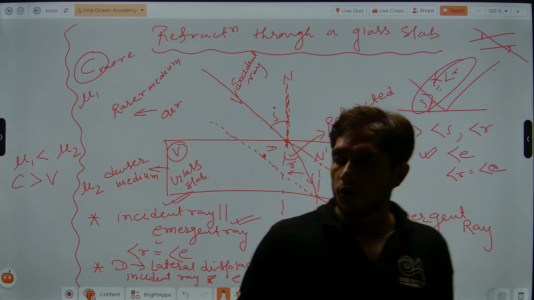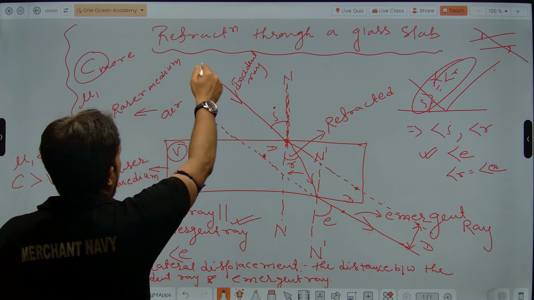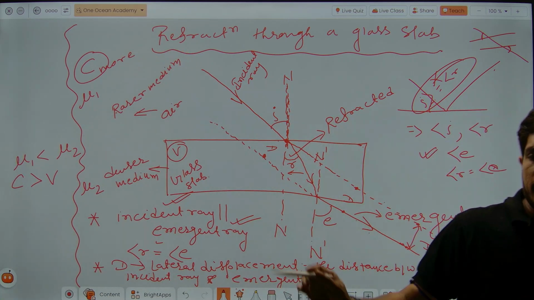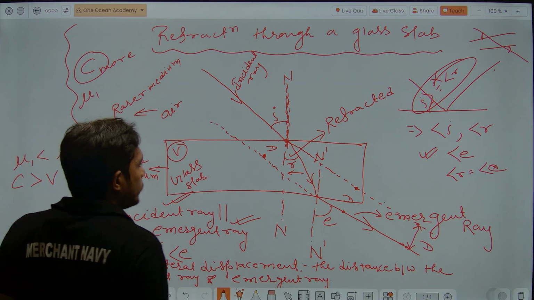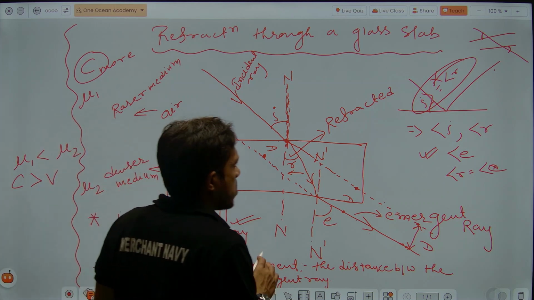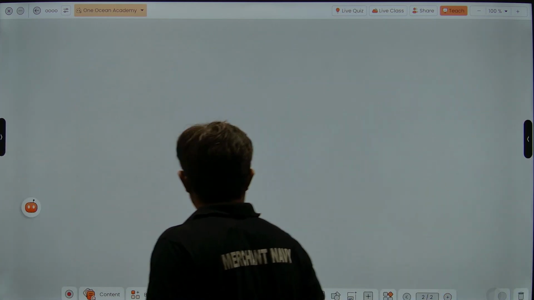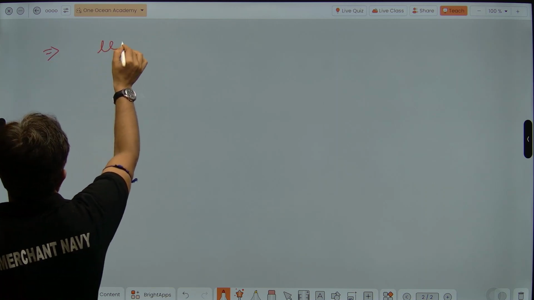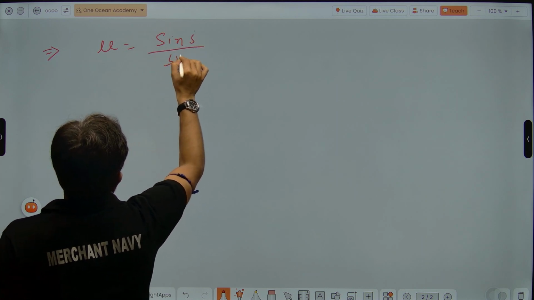Okay, now from here you can see how light behaves when it passes through a glass slab. Refractive index is clear. As we have read, the refractive index mu is sin i upon sin r.